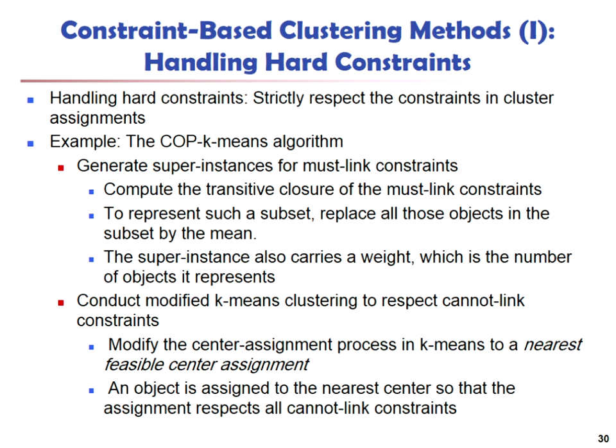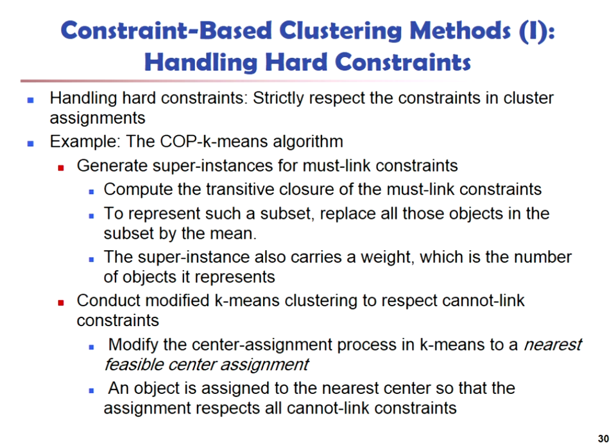The idea is, if we have a must-link constraint, meaning two objects must be linked in the same cluster, we generate super instances, in which we can find all the objects that must be linked.